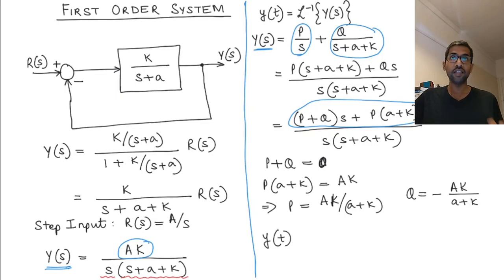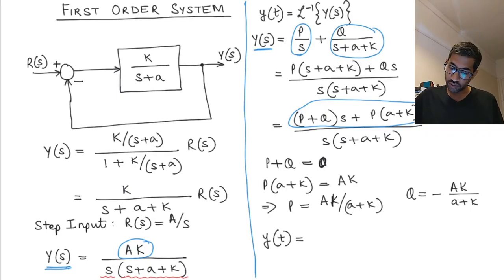I basically look up the inverse Laplace transform tables. If you look at the inverse Laplace transform tables, you would see that the inverse Laplace transform of 1 over s is simply 1, and the inverse Laplace transform of the term 1 over (s plus a plus K) is an exponential term that I'll just write out.